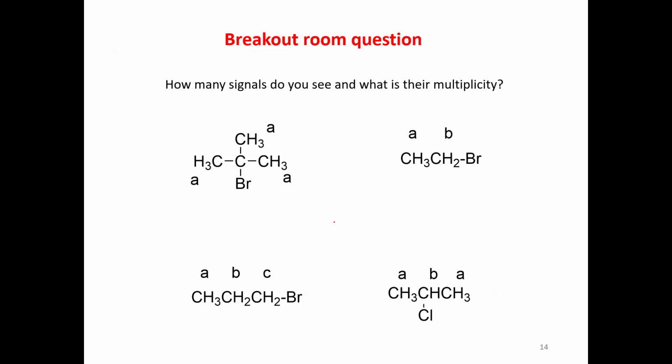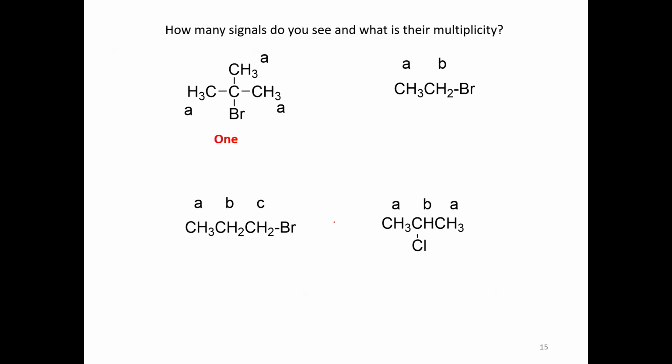It sees itself plus 6, so it's going to be a septet or a heptet. I don't remember exactly what it's called from the Latin. Oh, this one: integration 9H, but again, it's one singlet. Probably the machine will give you integration 1. Doesn't matter.